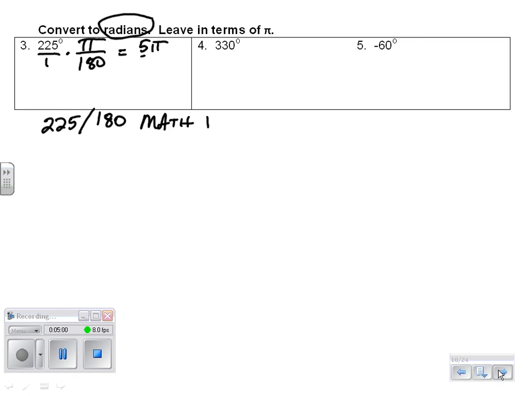That'll be 5 pi over 4. Next, 330 over 1 times pi over 180. Putting 330 divided by 180 into your calculator, math 1, you come up with 11 pi over 6. Then negative 60 over 1 times pi over 180 is negative pi over 3.